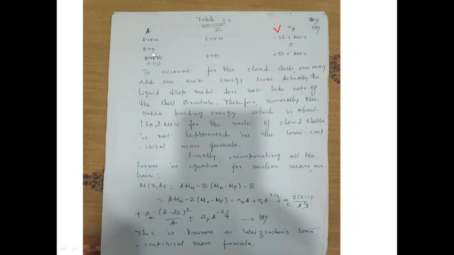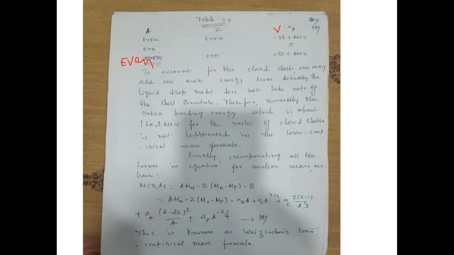For odd A, it is taken as 0. There's a mistake here, sorry, this should be even. So A is even, so minus 33.5.